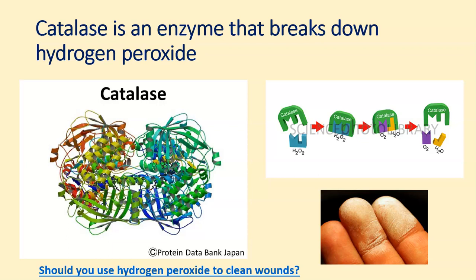And in our body, another fun fact, our body can break down about 40 million hydrogen peroxides every second between all the catalases that we have in our body. So that is an incredibly fast rate and pretty amazing what's going on inside of our bodies to keep us alive and protected.